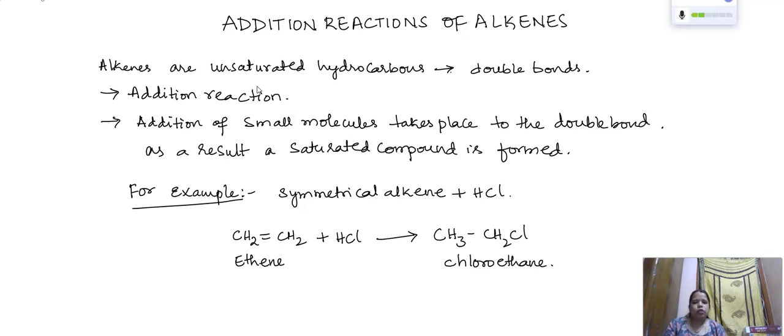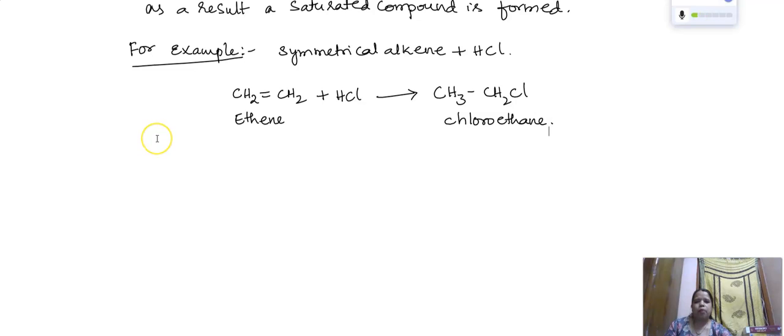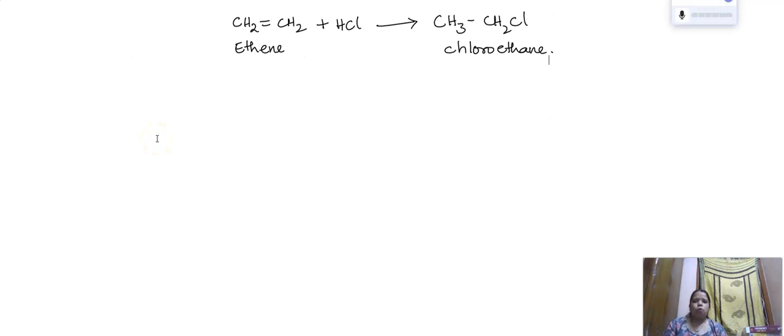We converted an unsaturated hydrocarbon into a saturated hydrocarbon. As simple as that, this is what an addition reaction is. We are just removing the double bond and we get a saturated hydrocarbon. But what if it is an unsymmetrical alkene?